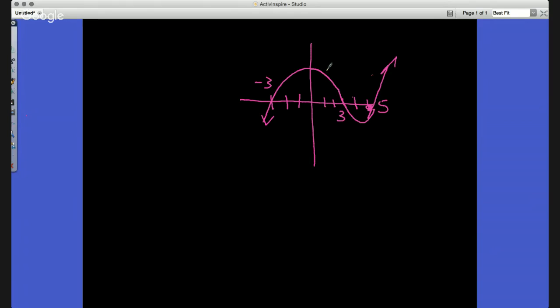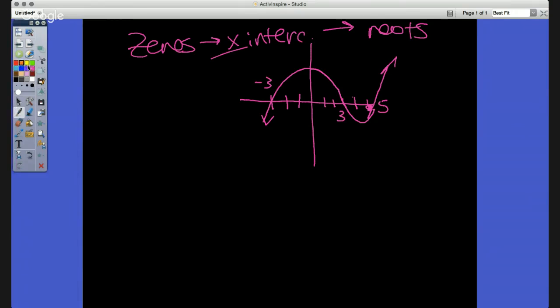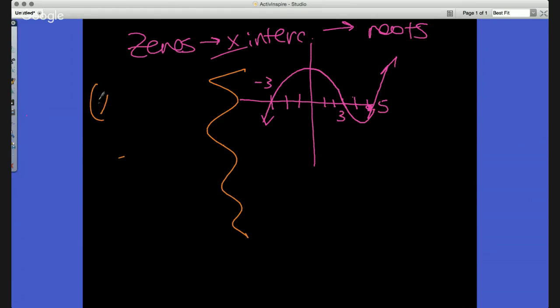You know that zeros are the same as x-intercepts, and sometimes if you look at roots, it's the same thing. It's where it crosses the x-axis. That's what that is. But with multiplicity, let's say that I had an equation. By the way, this is unrelated. On this side, let's say that I had the equation x minus 3 squared times x minus 1, and we set it equal to 0.